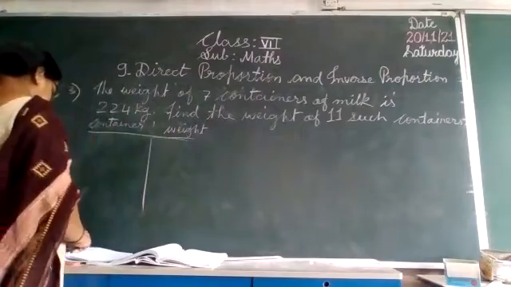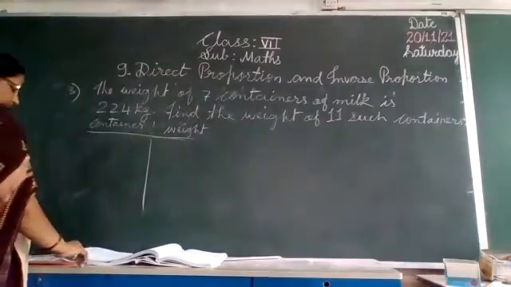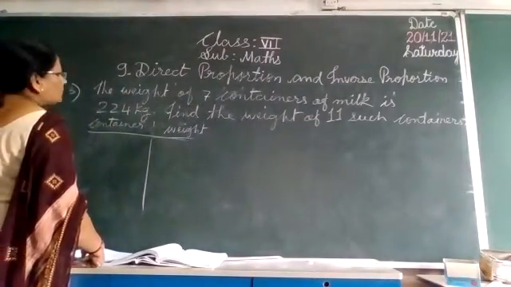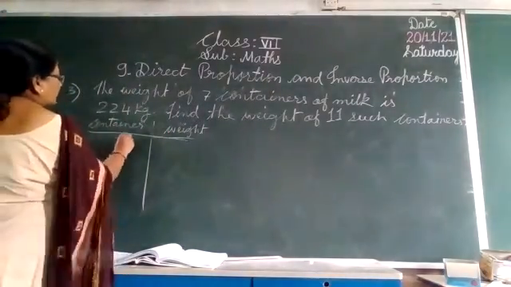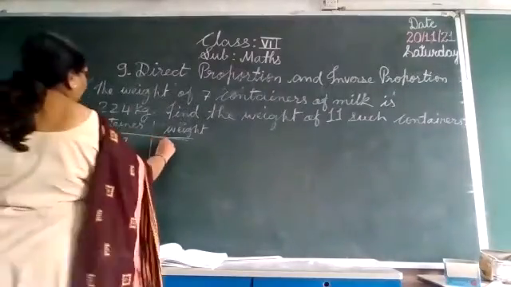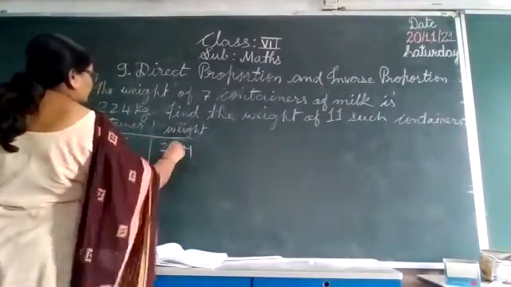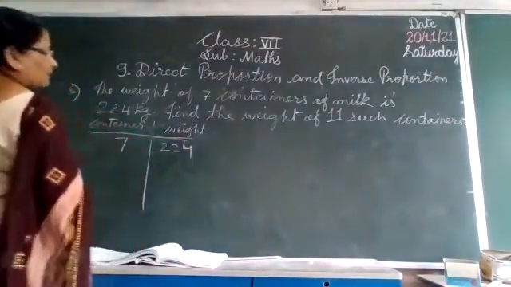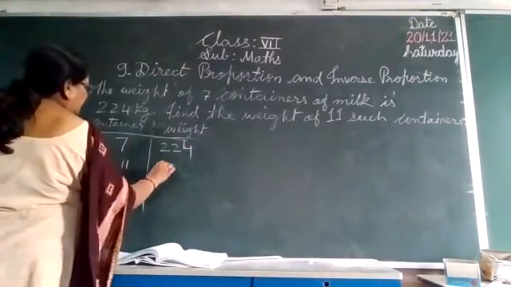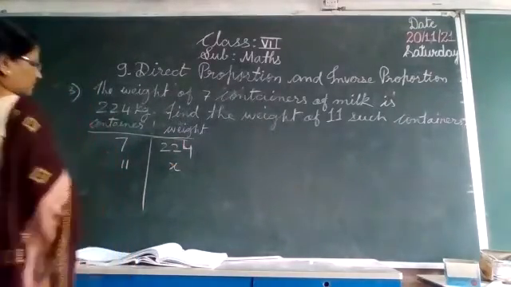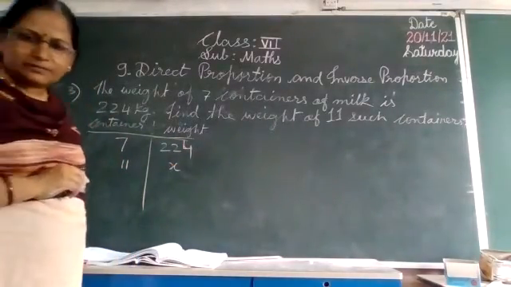Okay. Weight of 7 containers is 224 and you have to find the weight of 11. Cross multiply, beta.